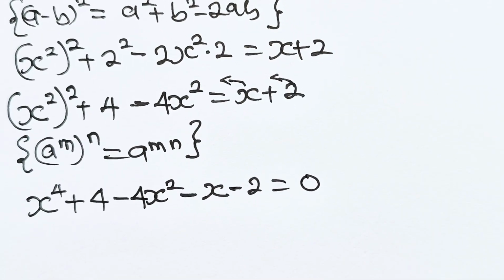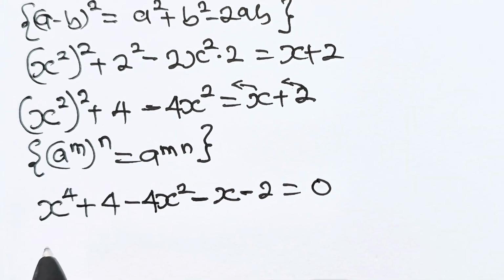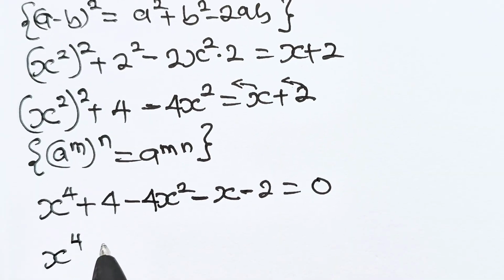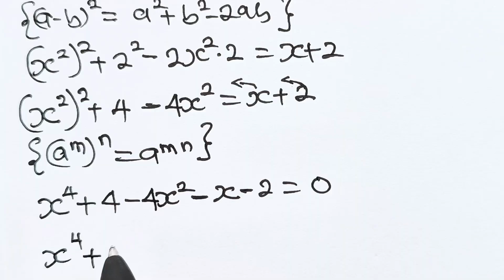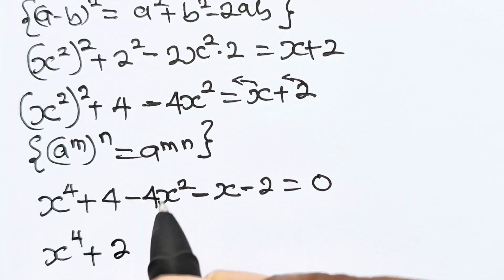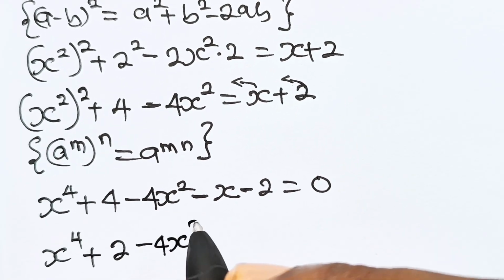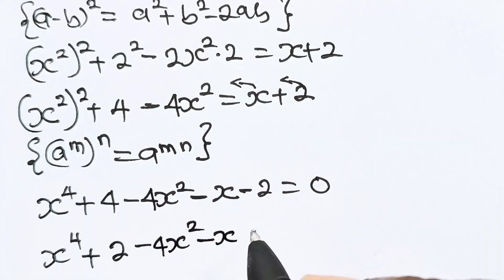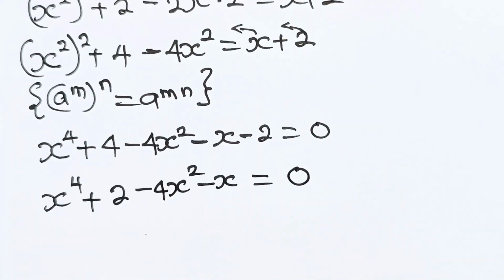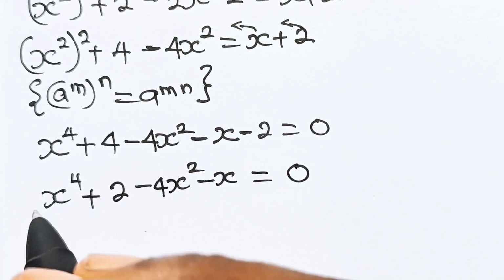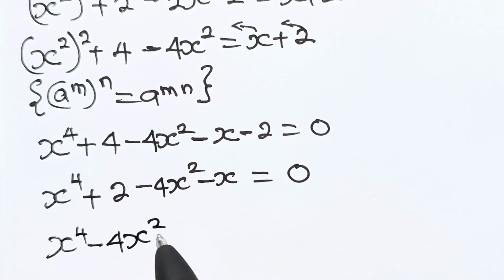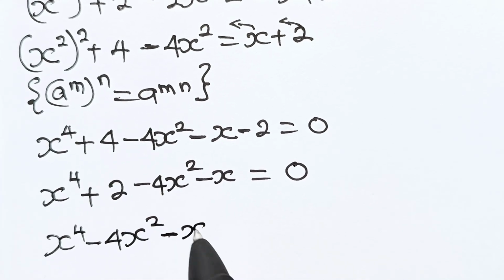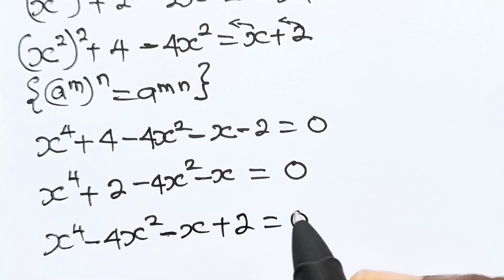Now we are going to solve this with group like terms. x to the power of 4, plus 4 minus 2 will give us 2. So we have minus 4x squared minus x is equal to 0. Now let's arrange this: x to the power of 4 minus 4x squared minus x plus 2 is equal to 0.